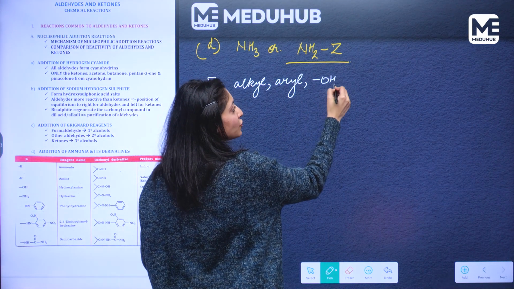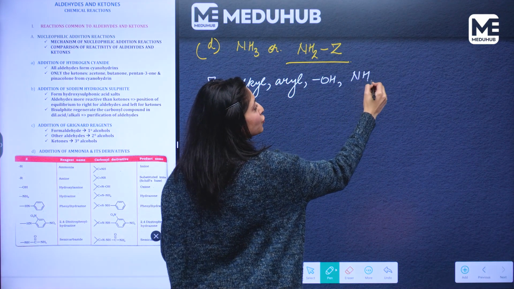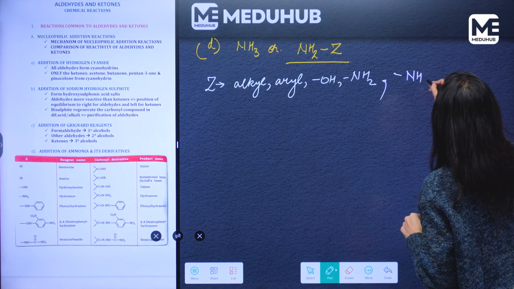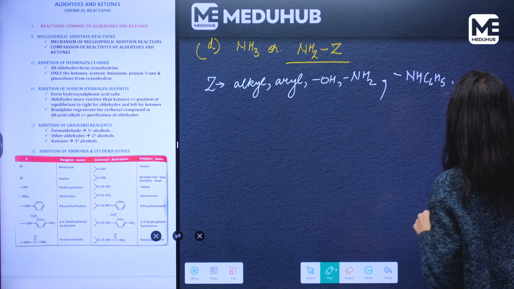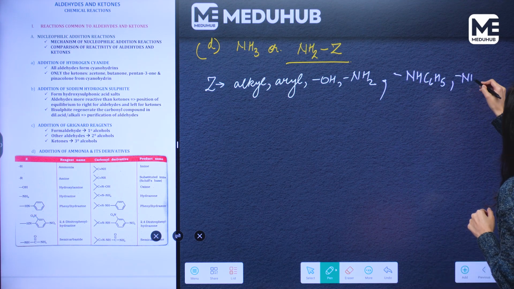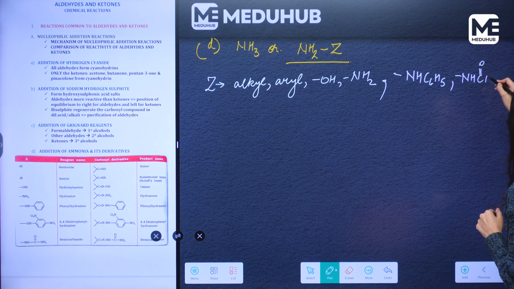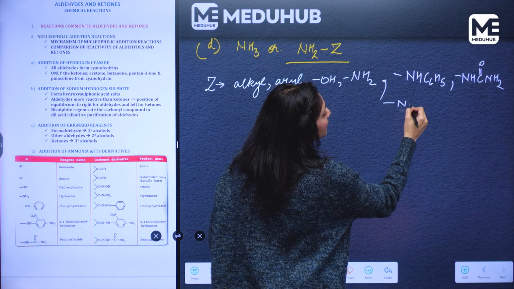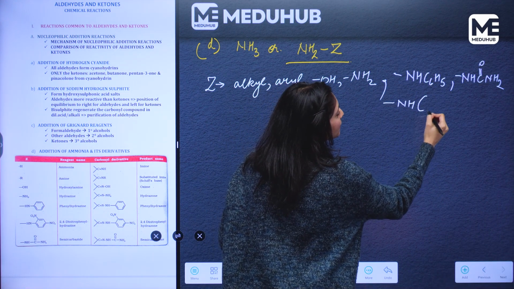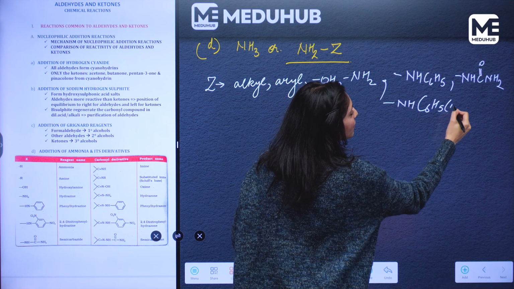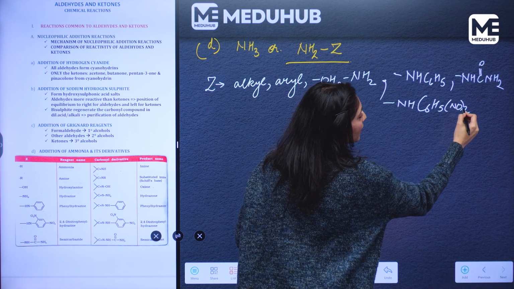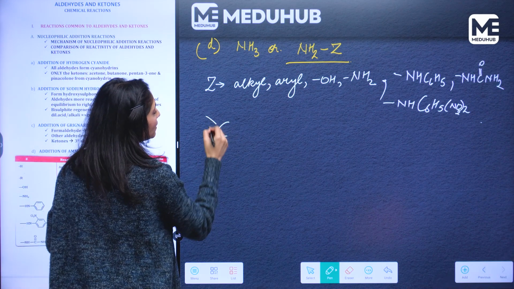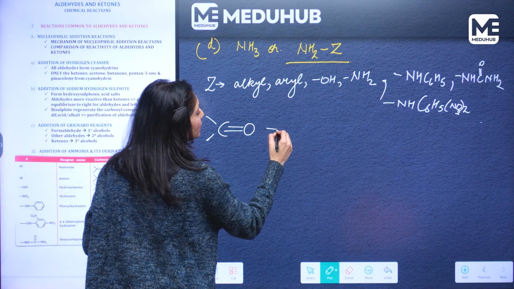It can be OH, it can be NH2, it can be NHC6H5, it can also be NHCONH2, or it can be a derivative of this, NHC6H3(NO2)2.